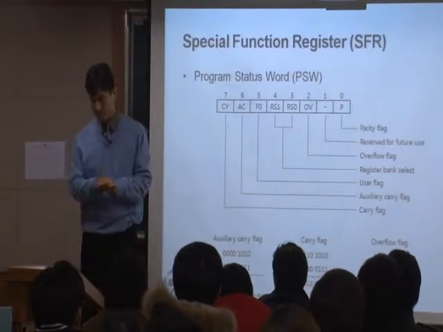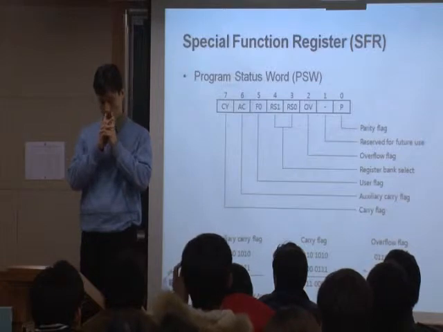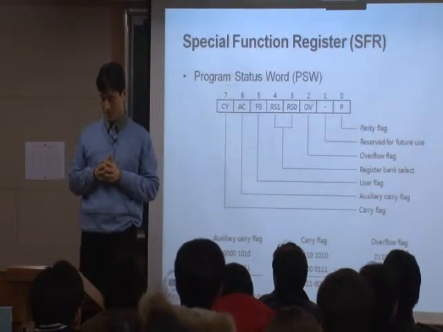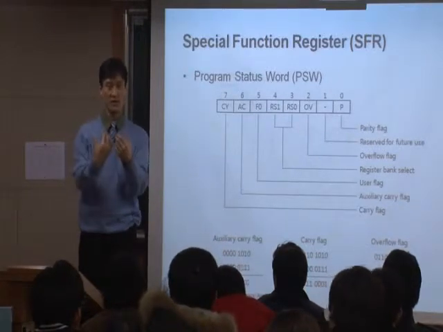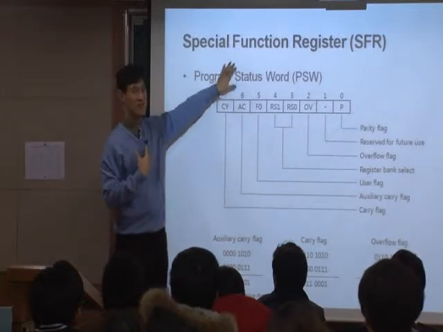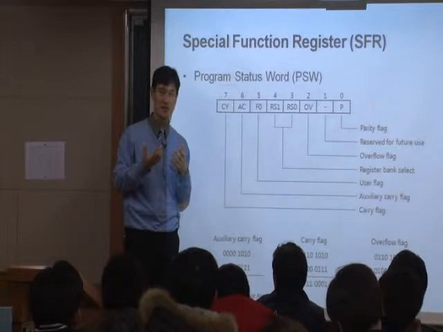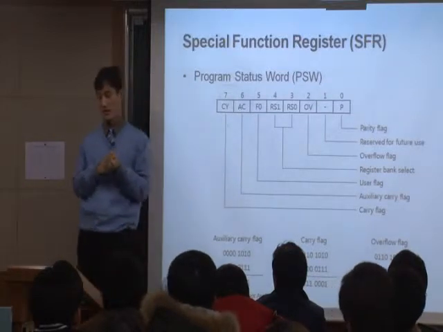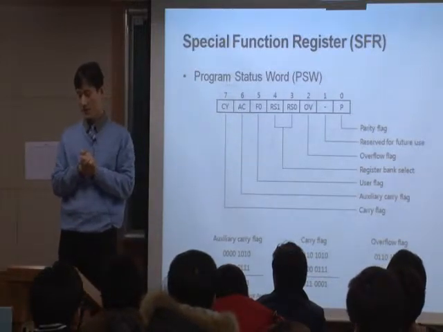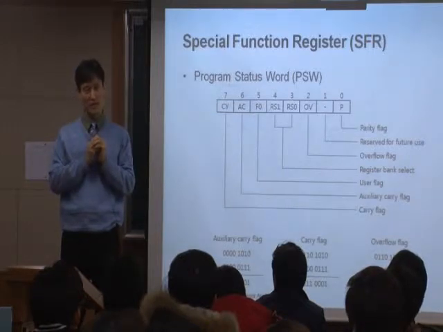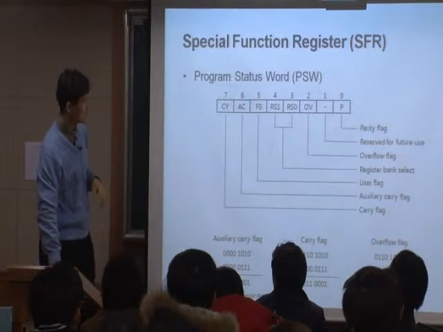So here's the thing. For a human being, status means a condition, my condition. Okay, I'm sick, I'm happy, something like this. So that's status. For a human being, maybe it's not a good example.